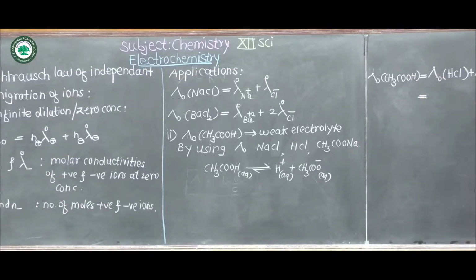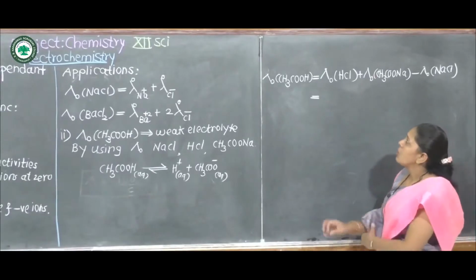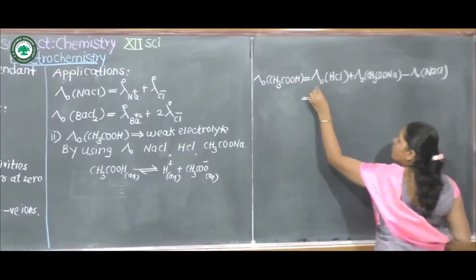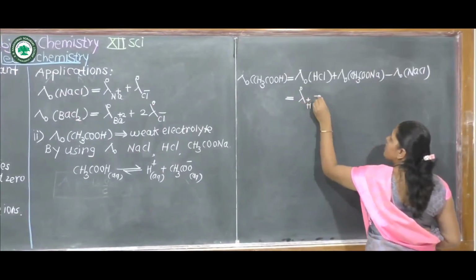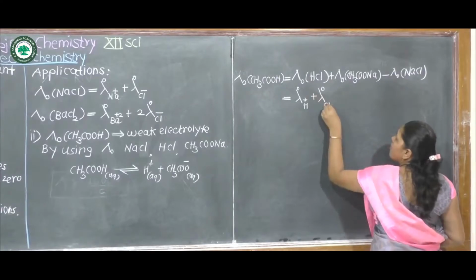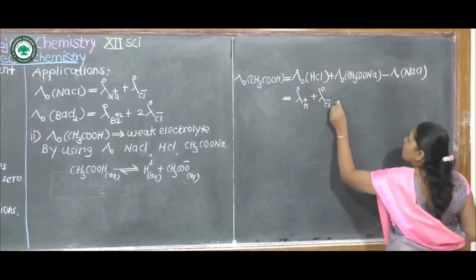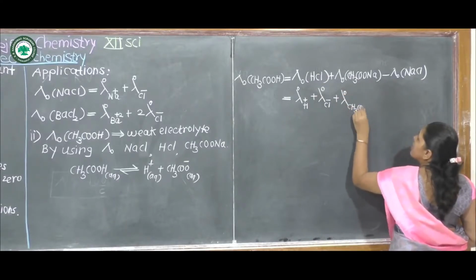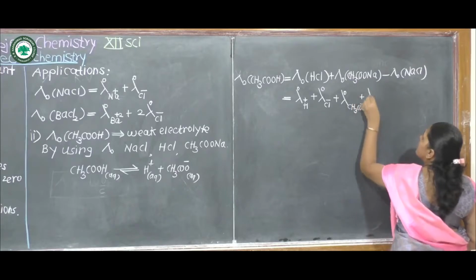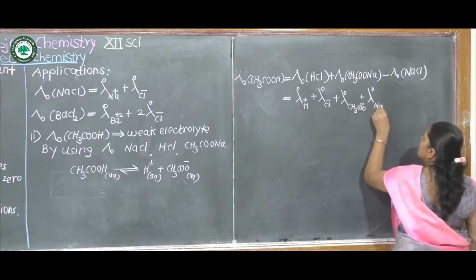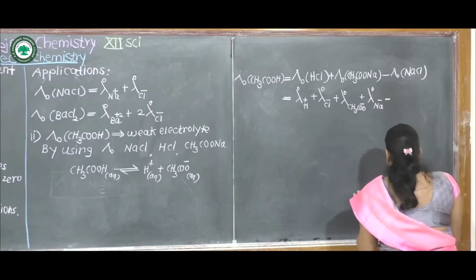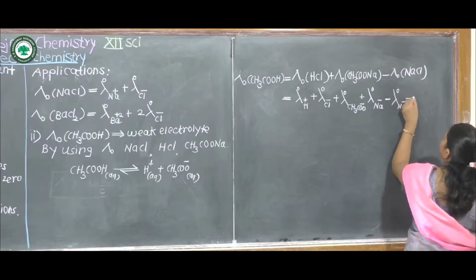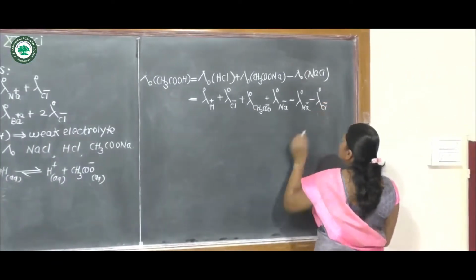Then the molar conductivity of HCl is due to the molar conductivity of H plus ion and Cl minus ion. Therefore, molar conductivity of H plus, plus molar conductivity of Cl minus, plus molar conductivity of acetate, plus molar conductivity of Na plus, minus molar conductivity of Na plus, minus molar conductivity of Cl minus.